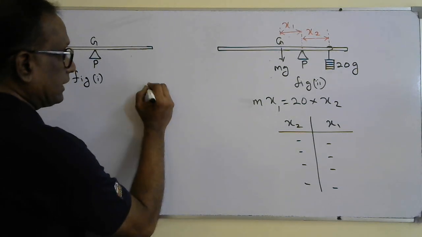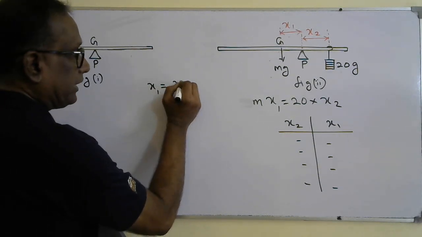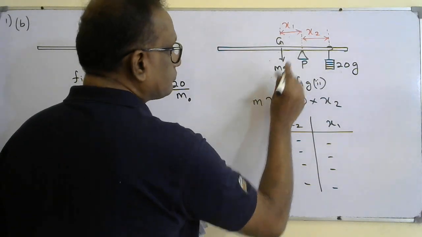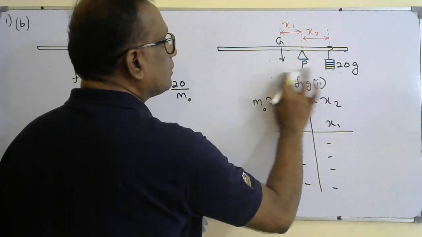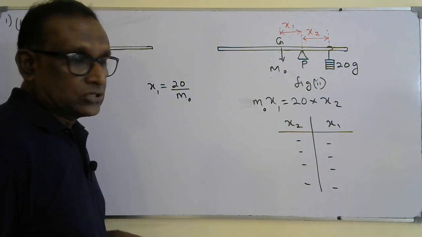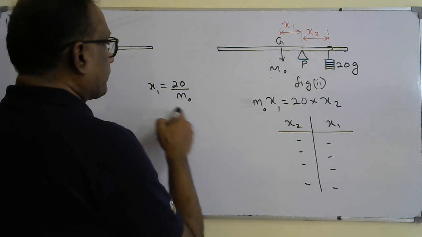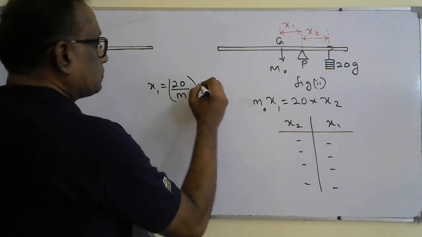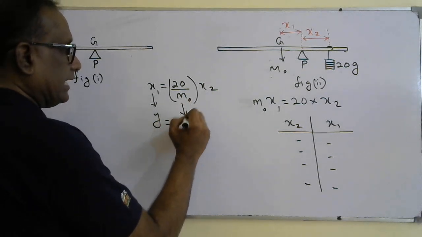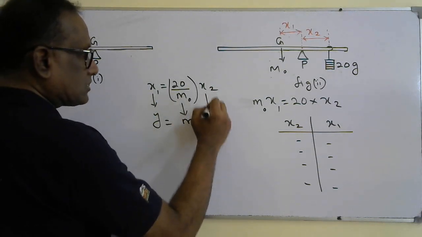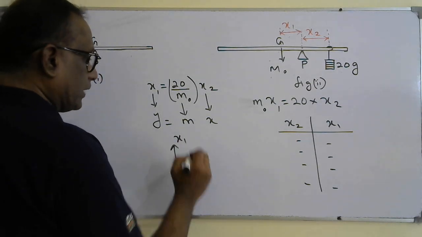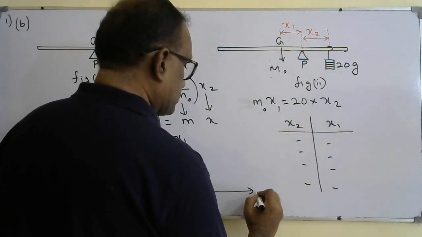So make x1 the subject: x1 is equal to 20 over m naught, where we mark the mass of the ruler as m naught, into x2. I don't need to put g because this is in mass. So plot a graph with x1 on the y-axis and x2 on the x-axis.